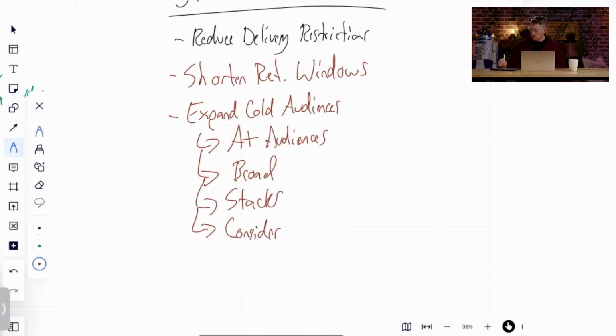And the other thing that we also want to consider is if you normally have restrictions on gender, I'm going to say, consider no gender restrictions. And here's why. Boyfriends, girlfriends, fathers, mothers, husbands, wives, they buy for each other.